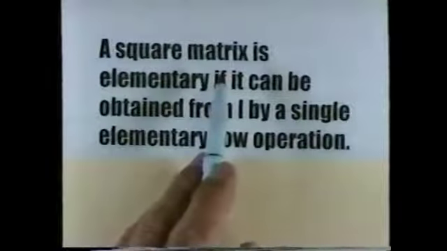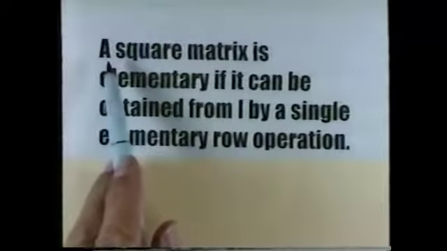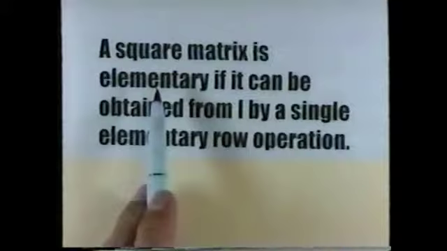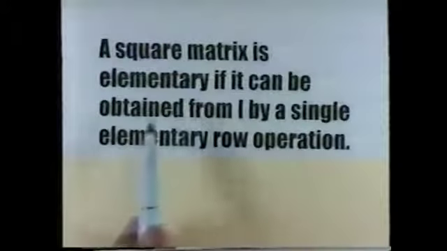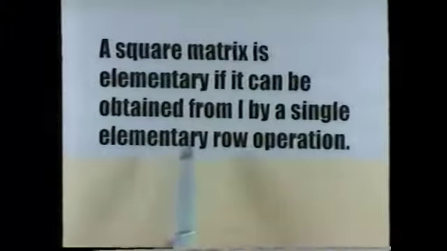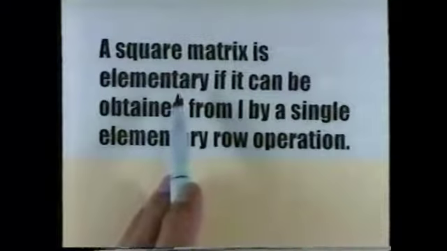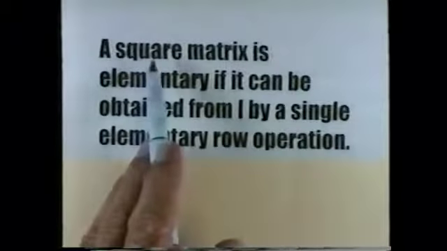Okay, let's start with the definition of an elementary matrix. A square matrix is elementary if it can be obtained from I, meaning the identity matrix, by a single elementary row operation. So in order to be elementary, the matrix first of all must be square.